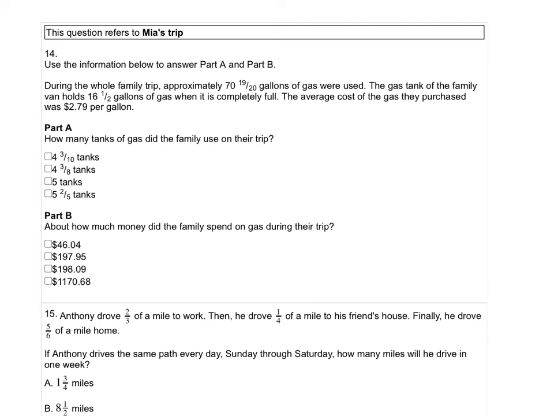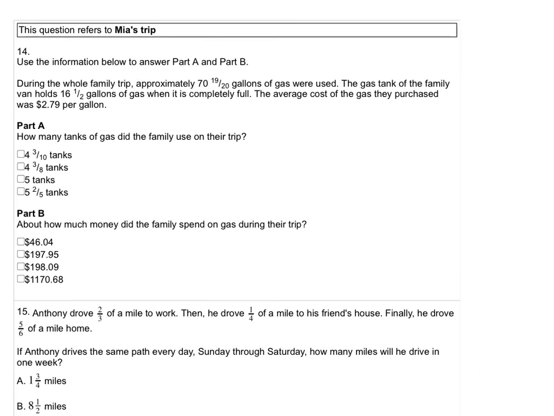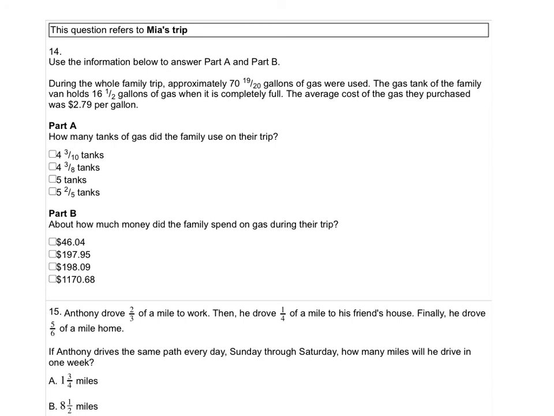Okay, so we have enough information here to do part A. We know that they used this amount of gas total, and their gas tank holds this amount of gas. So we want to know how many times 16.5 gallons will go into 70 and 19/20 gallons. If these will go to terminating decimals, I'd rather do that. I know I'm going to say 70 and 19/20 divided by 16.5.